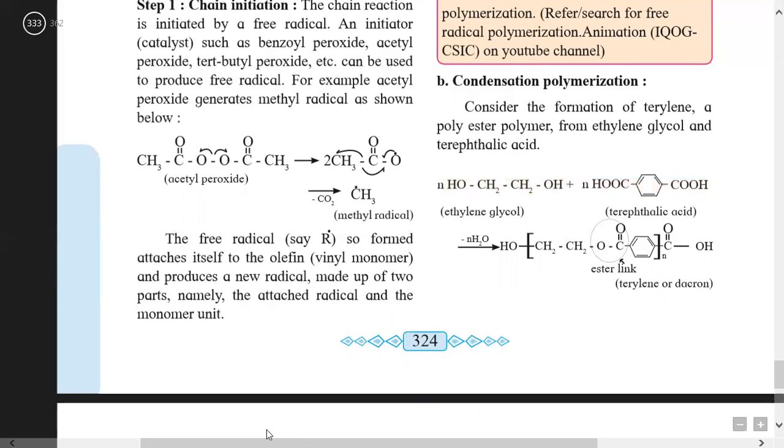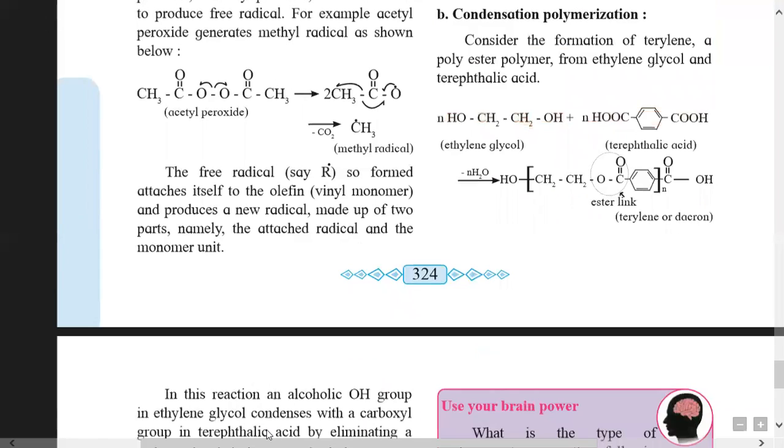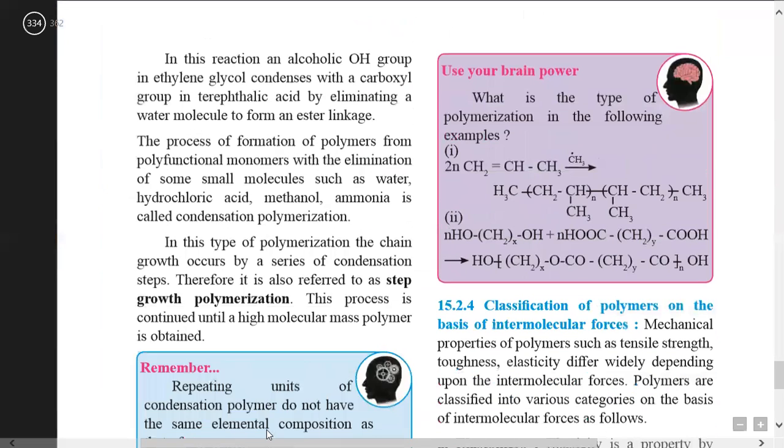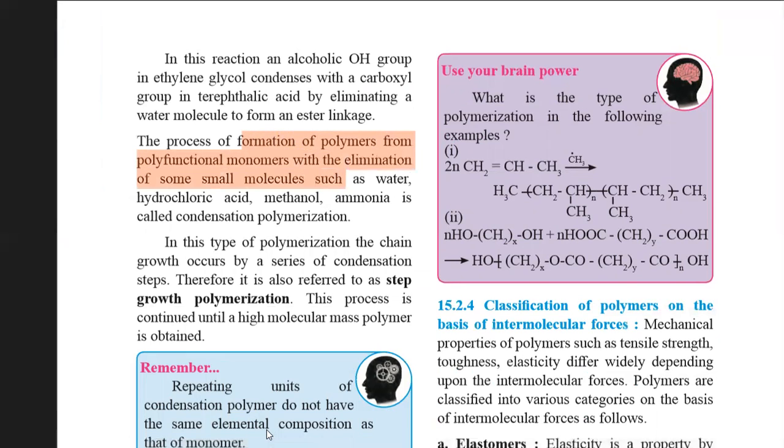This is a condensation polymer. In this polymerization, two large molecules are joined together by the loss of a small molecule like water. The process of formation of polymers takes place from polyfunctional monomers by elimination of small molecules like water or hydrochloric acid or methanol or ammonia.